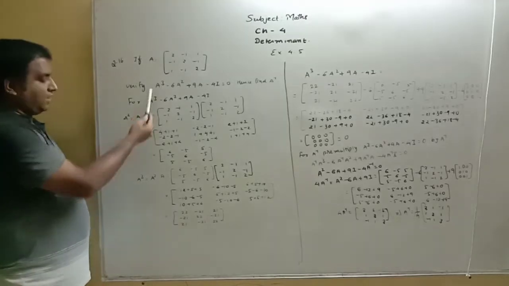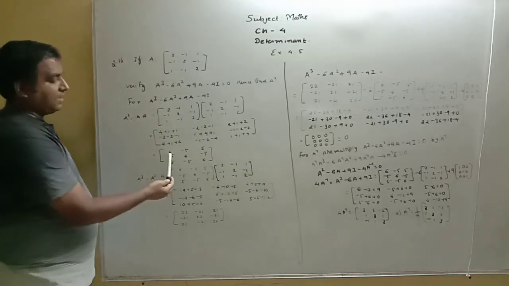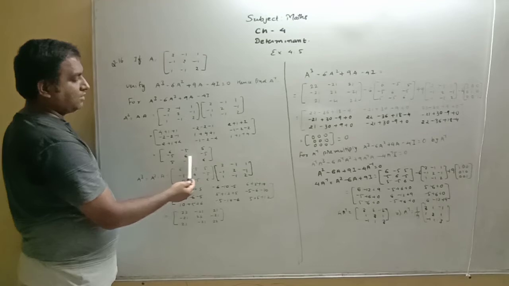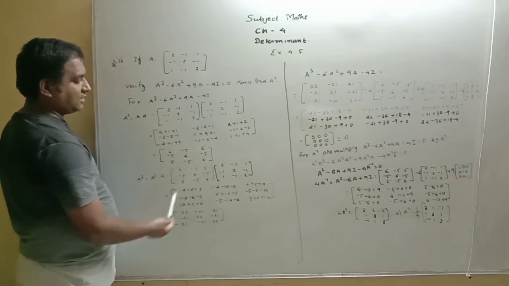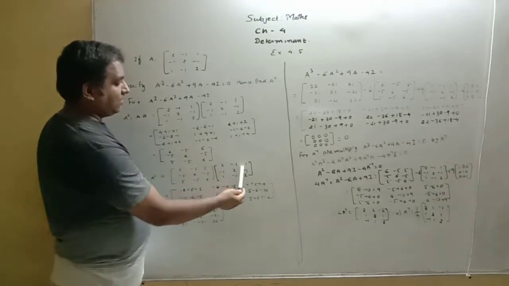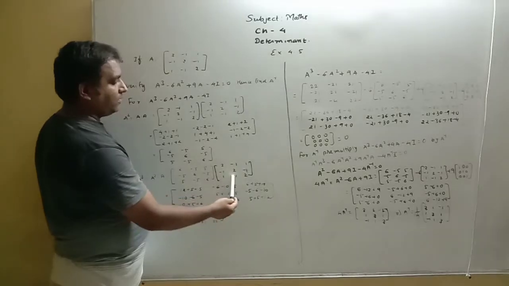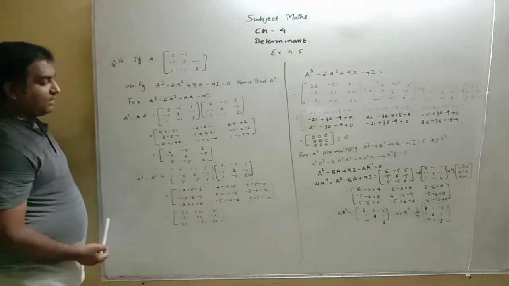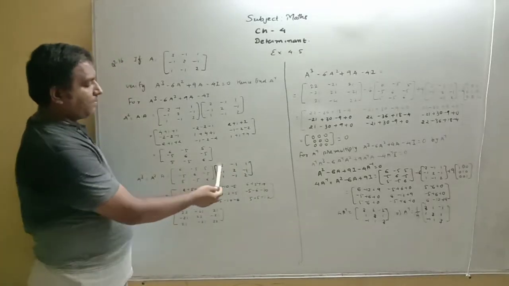Now to find A cube, we take A square into A, so again [6 -5 5; -5 6 -5; 5 -5 6] times A. Again we take the matrix multiplication, with each row multiplied by the column.